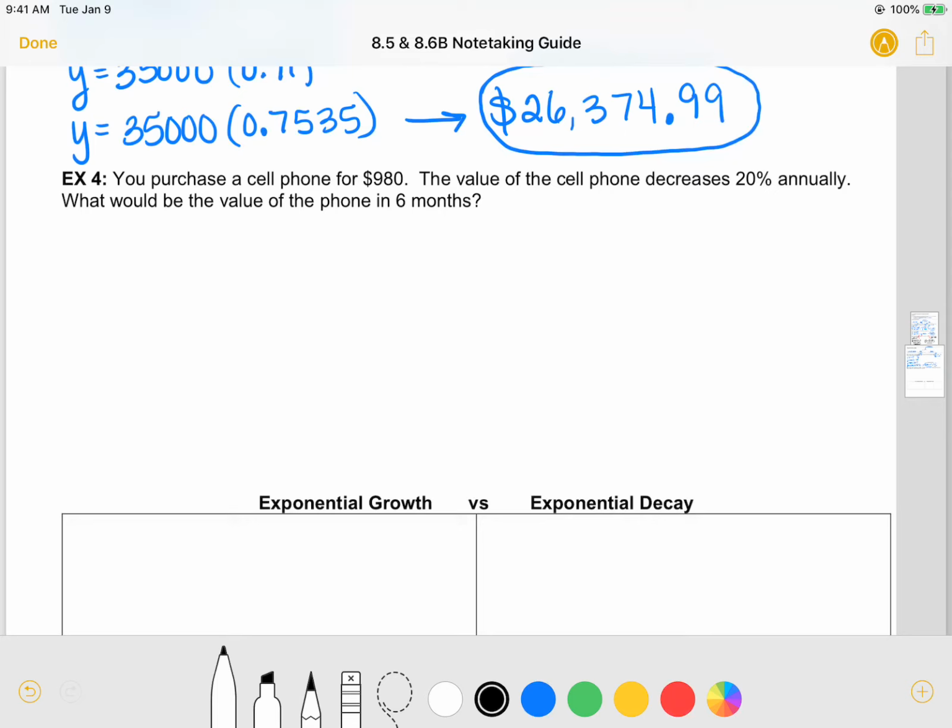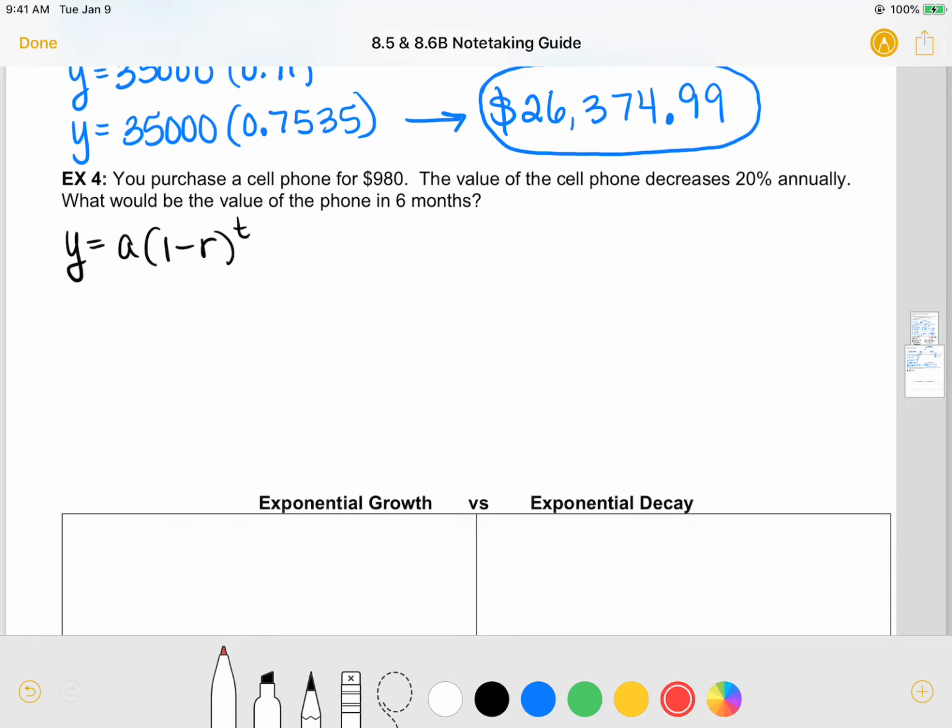So what we're going to do here is use our exponential growth model, or excuse me, decay. Let's see, y is equal to a times 1 minus r to the t power. And let's figure out what the values of a, r, and t will be so that we know what we're inputting into our formula here.